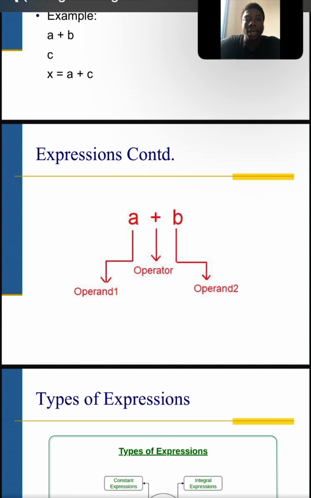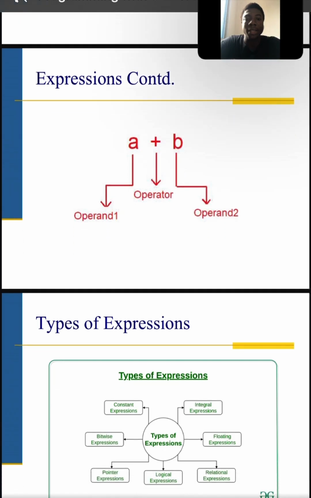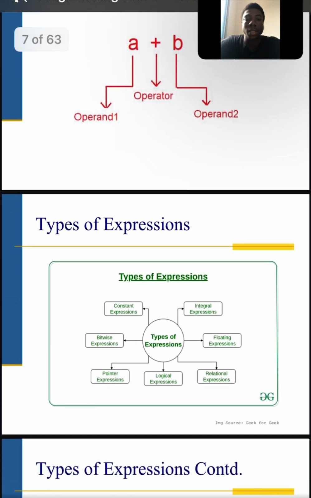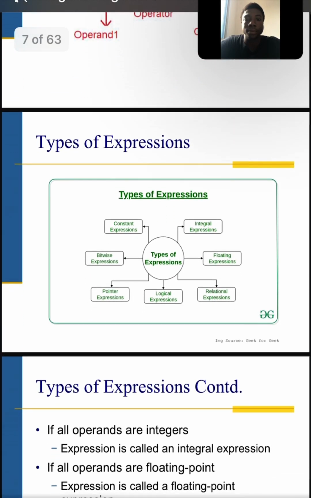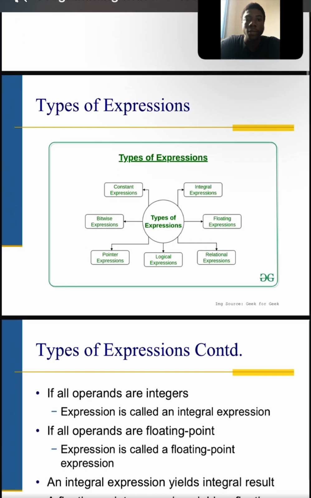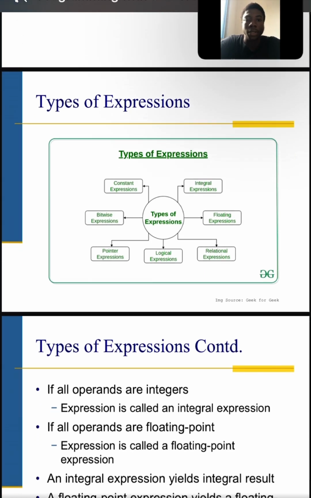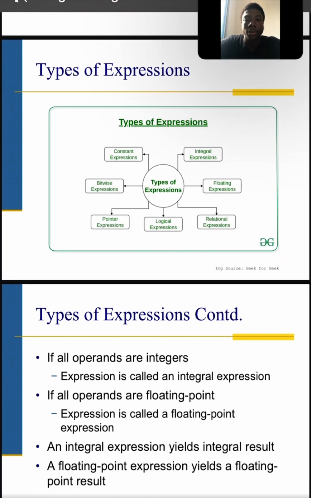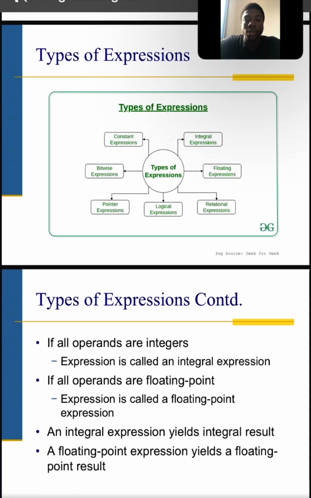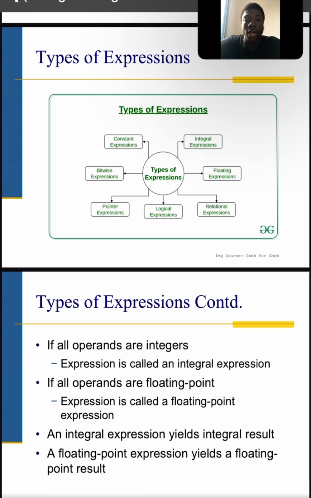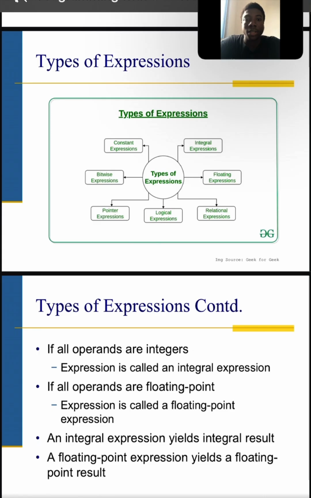They are all integers, and it is called an integral expression. And if all the operands are floating point, the expression is called a floating point expression, where we have 2.2 plus 3.5, which gives 5.7. All the operands are floating point, so this is called a floating point expression.